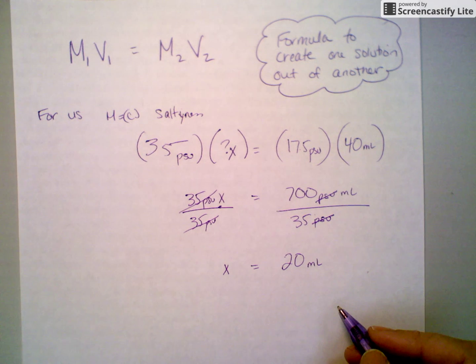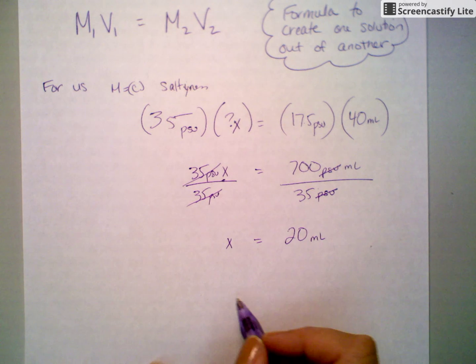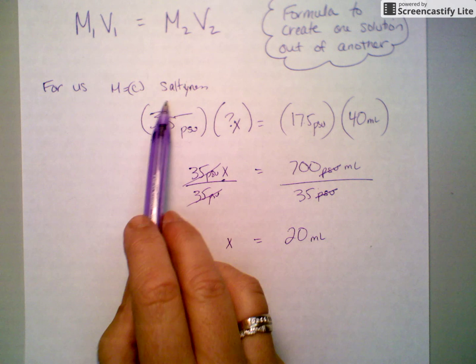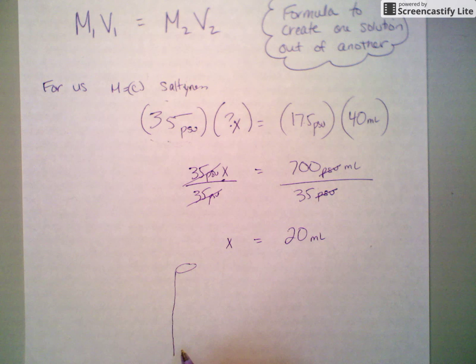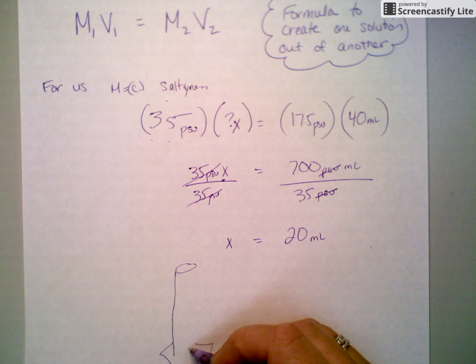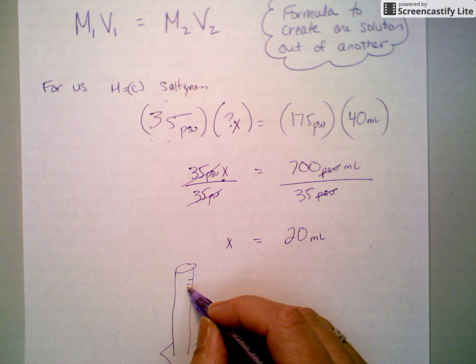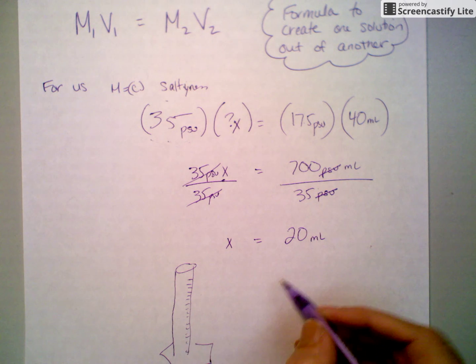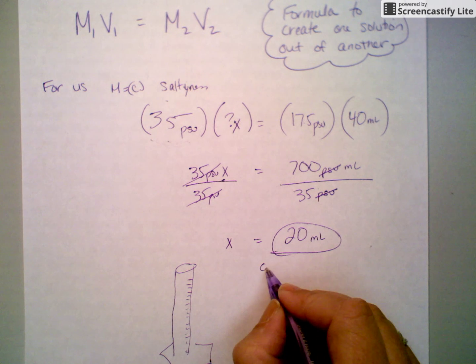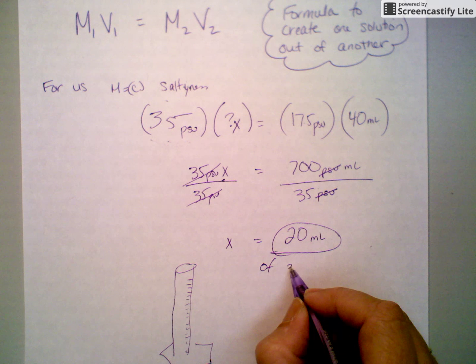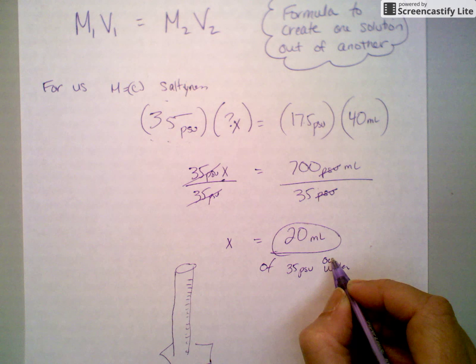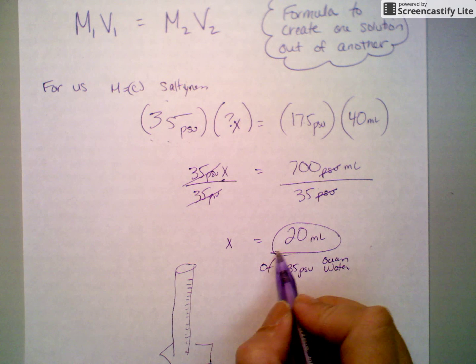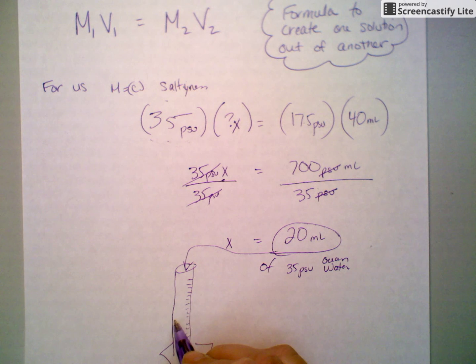So to make this work, you would start with your really salty water, and you would pour into your graduated cylinder, which kind of looks like that, 20 milliliters of the really salty 35 PSU water, which is our ocean water. Okay, so we get it up to here. So that's 20 milliliters.